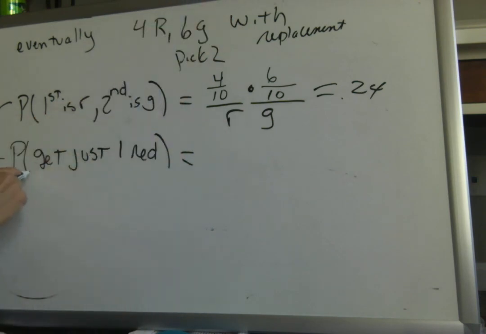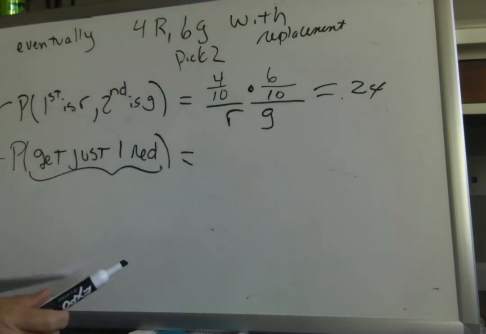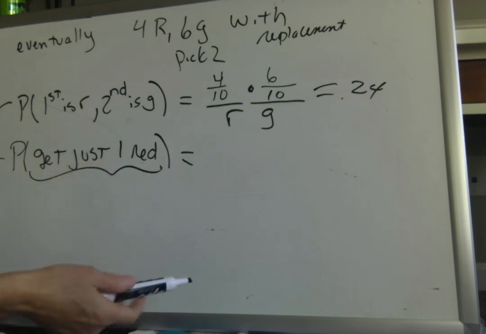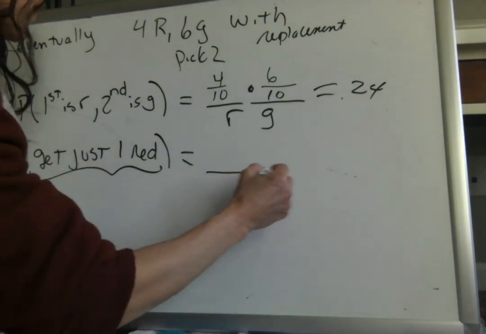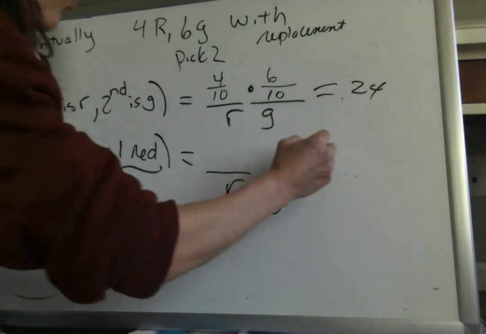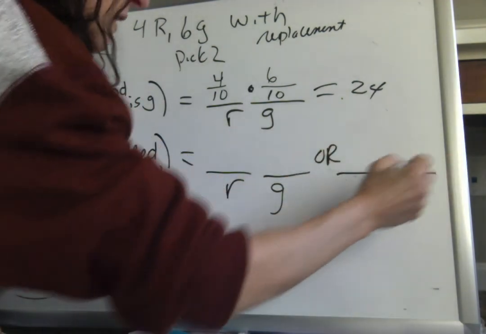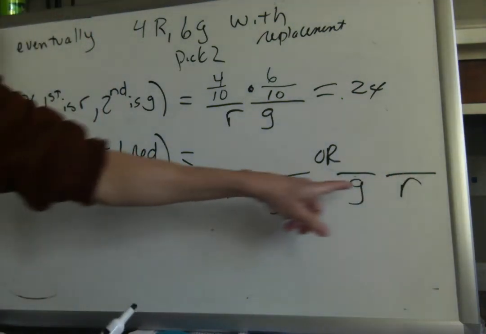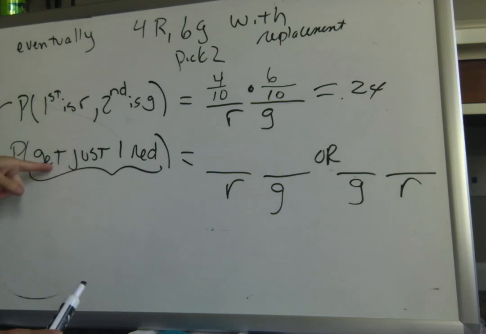Fine. Now, this one is kind of vague. Probability I get just 1 red. Well, I don't know what you mean. Did you mean the first was red and the second was green? Or did you mean the second one was red and the first was green? See how there are 2 scenarios that satisfy this?